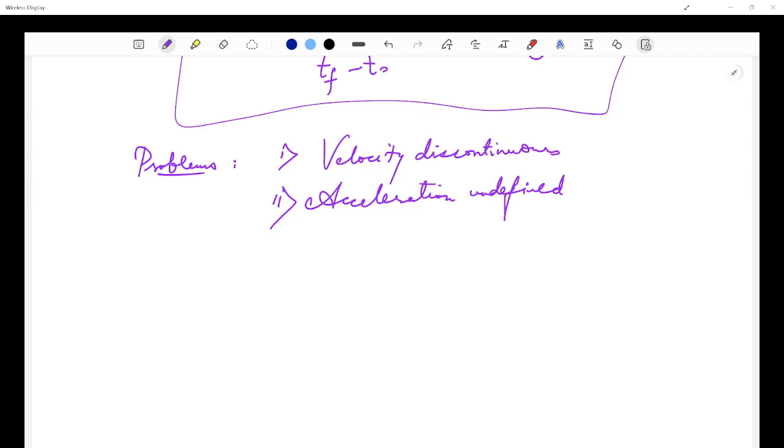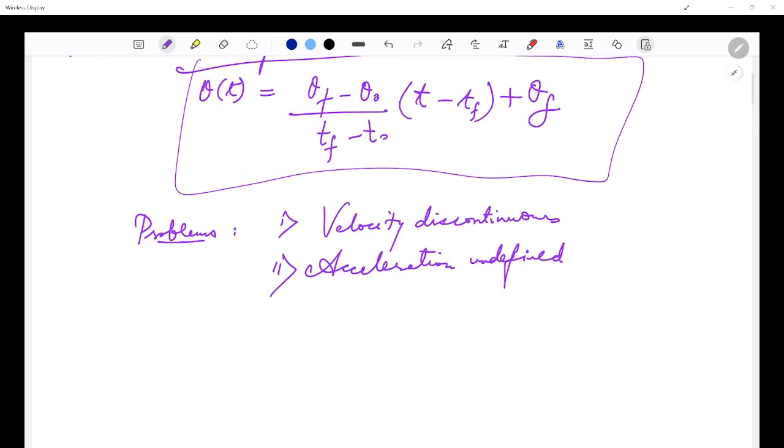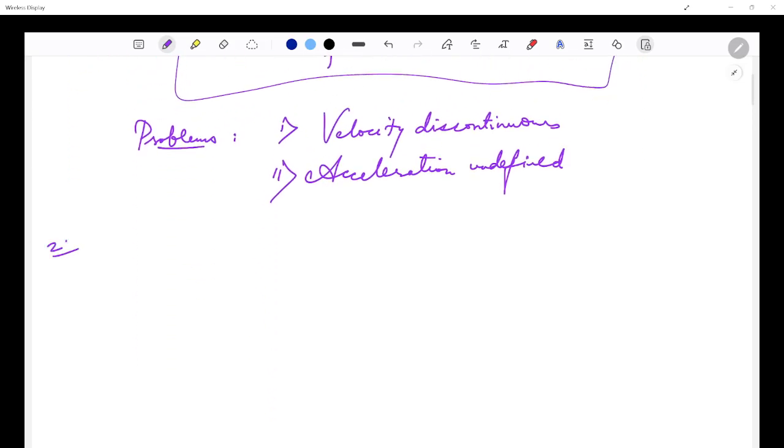Okay. Second method that we use is piecewise linear. Okay, means we divide into segments, and we switch between these segments. So what happens?